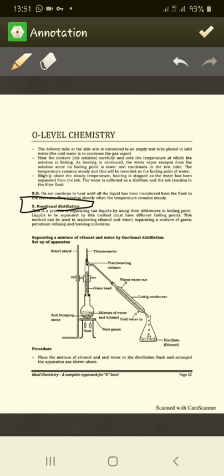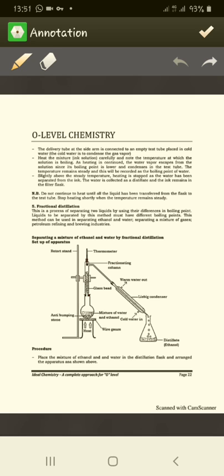But those boiling points are close and near each other. We use fractional distillation. So we are defining fractional distillation as the process of separating two liquids by using differences in boiling point. This is the criteria for using fractional distillation.